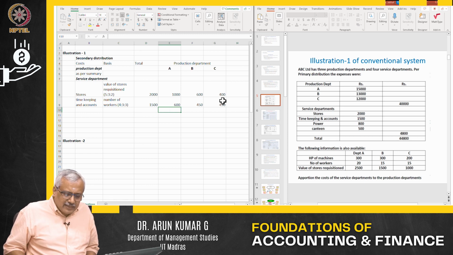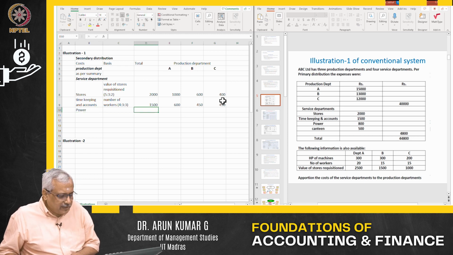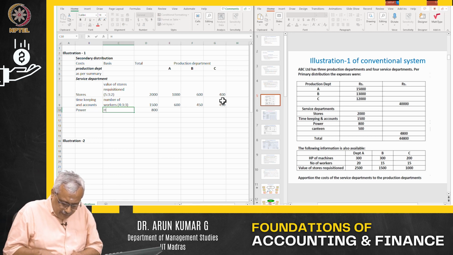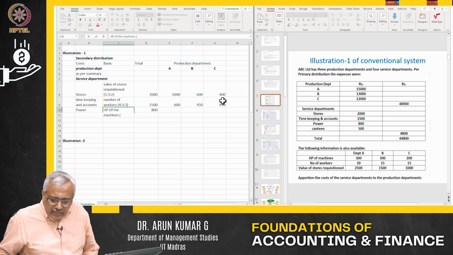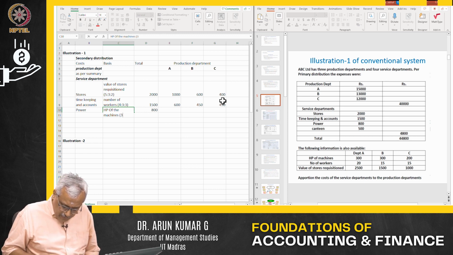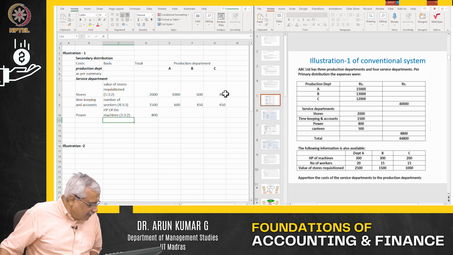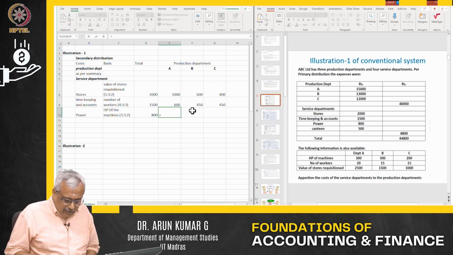Now, let us look at the other service department, that is power. The cost of power in this particular case is about 800. Now, what is the basis? The basis is the horsepower of the machines, and HP of the machines is in the ratio of 3:3:2.